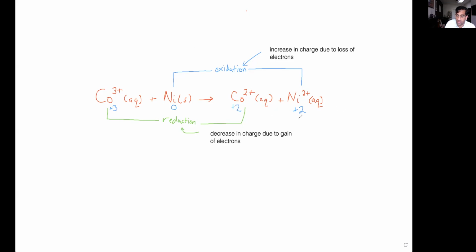If I add 2 and 2 over here, that means that I get a net charge on the right-hand side, the product side, of +4. If I add 3 and 0 here, I have a net charge of +3. And so this leads me to my principle of balancing redox equations, or redox reactions.